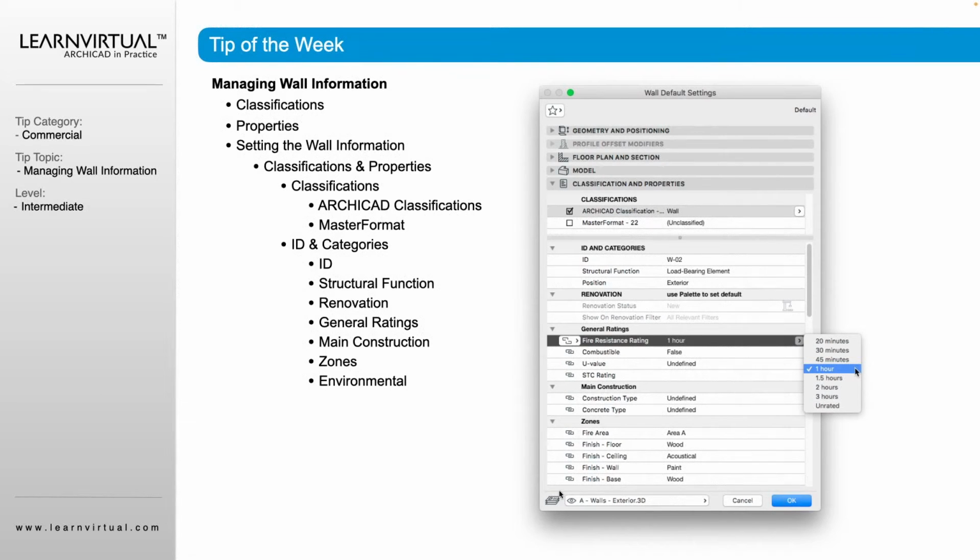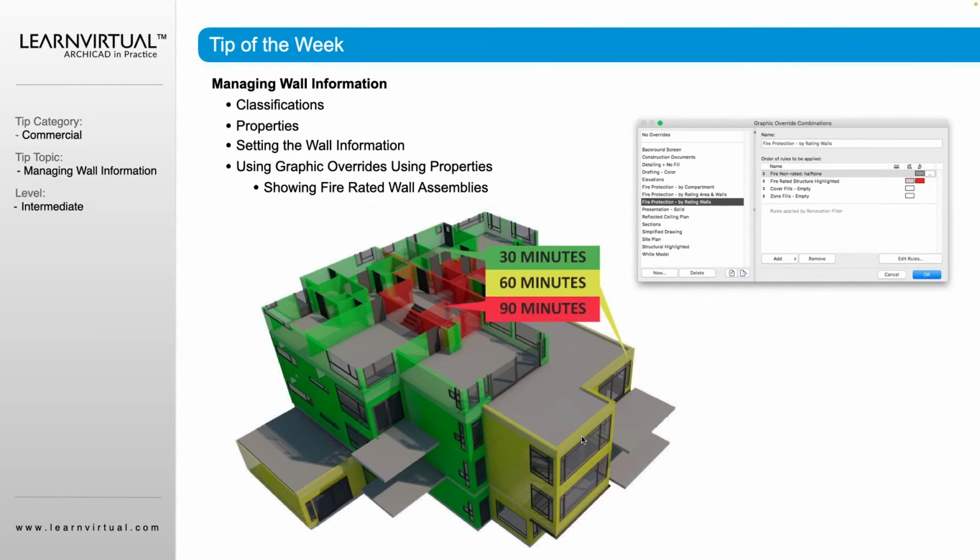Undefined means that you can type that in, and all of these can be customized from the wall settings themselves. So that way, when we open up our model and we start wanting to show specific things, we can start using that information within the properties to sort things out for graphic overrides.